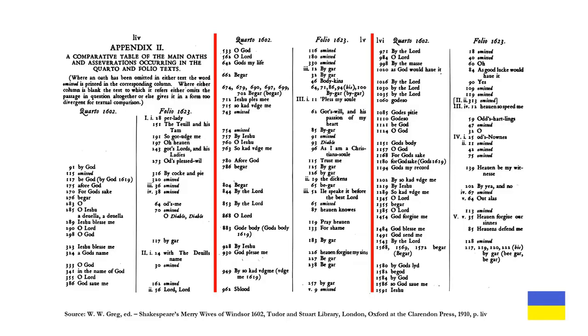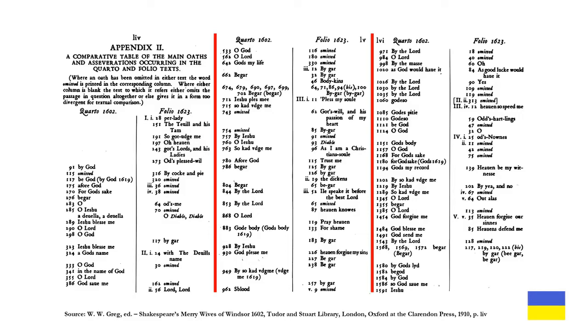Where an oath has been omitted in either text, the word omitted is printed in the corresponding column. Where either column is blank, the text to which it refers either omits the passage in question altogether, or else gives it in a form too divergent for textual comparison.